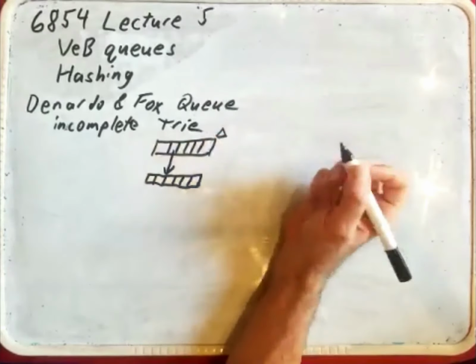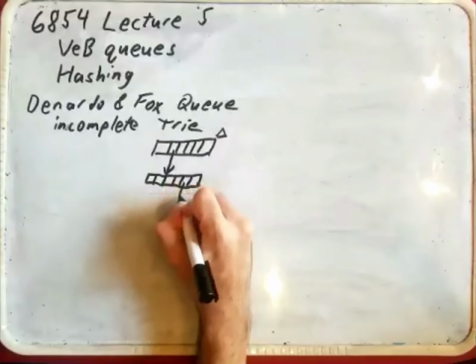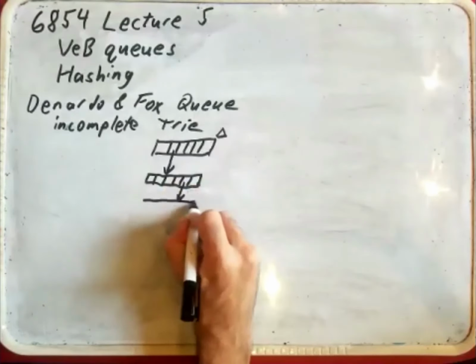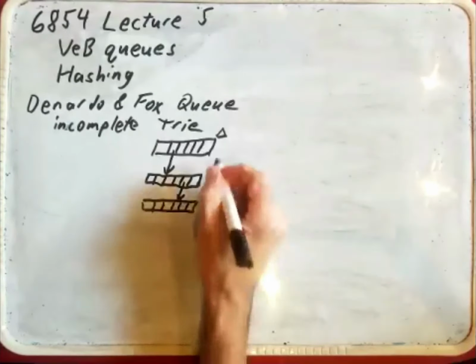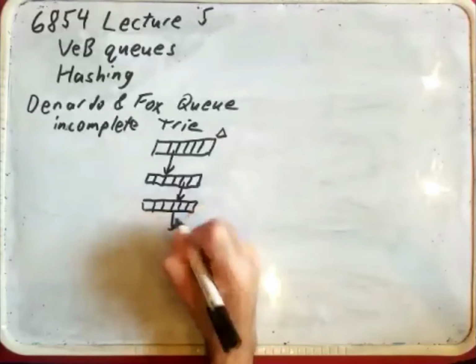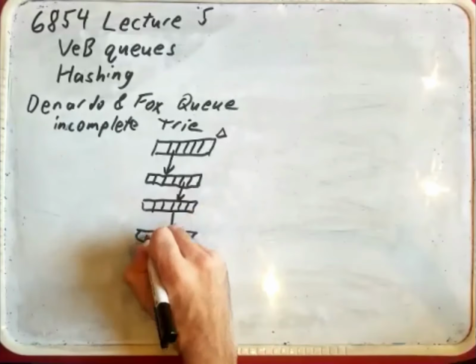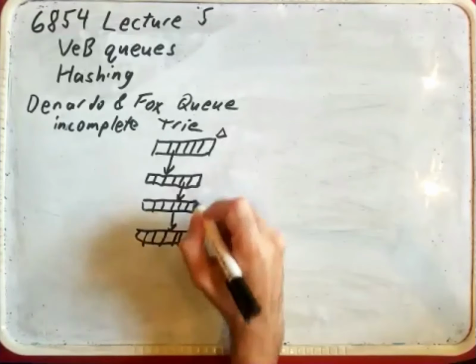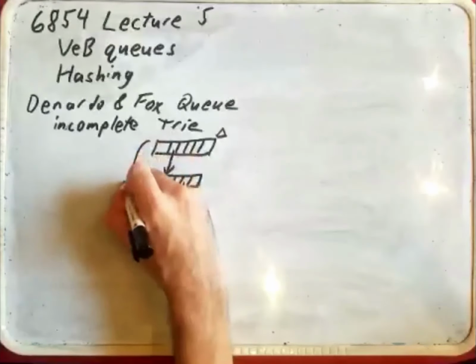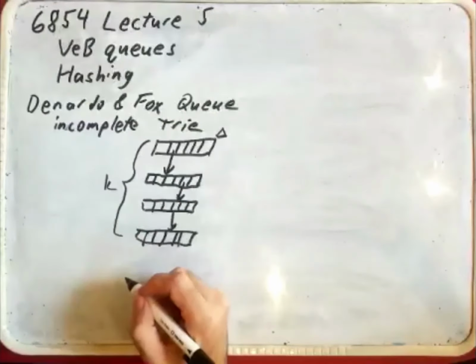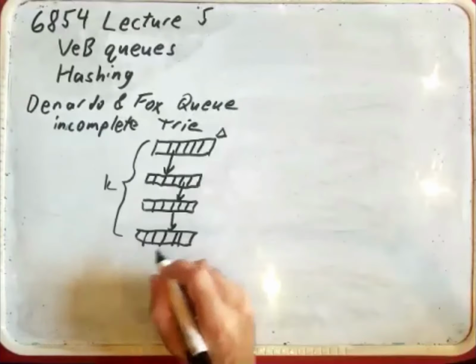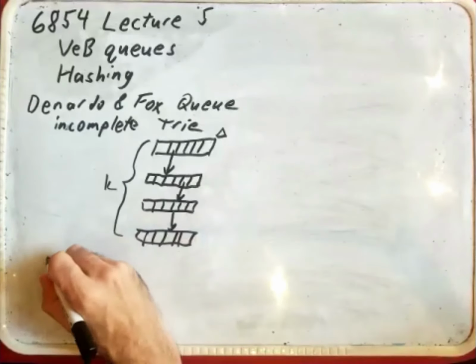We have some number delta of children of a particular node, and we have some depth k, and this means that we can store a total of delta to the k values in the trie.